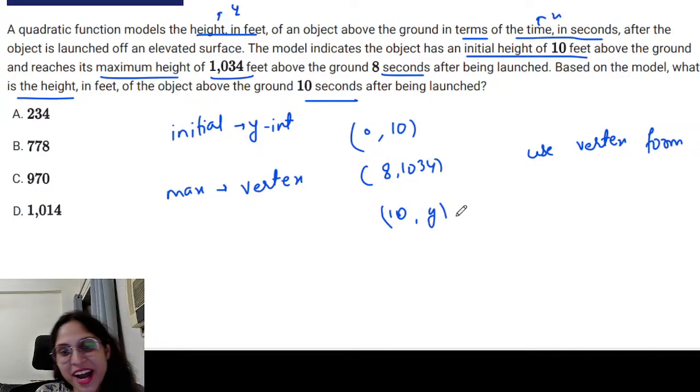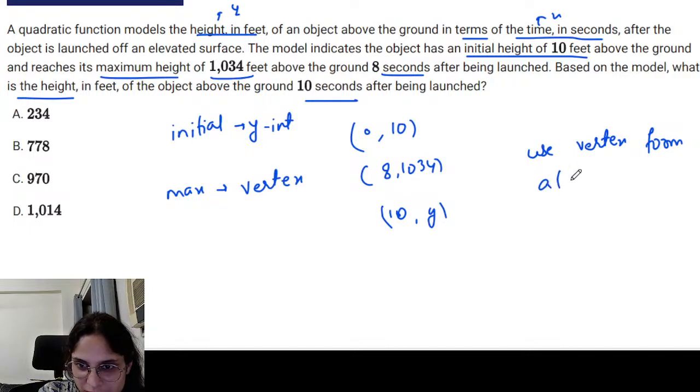Now here if height was 10, then we could have done the axis of symmetry thing, but here you will have to model it. So use vertex form, it is going to be a times x minus 8 whole square plus 1034. This is going to be in your table.